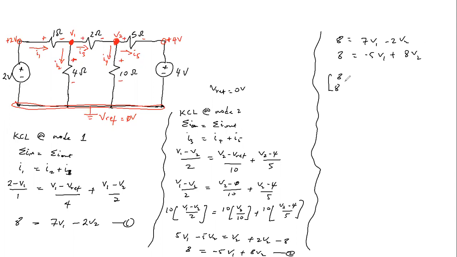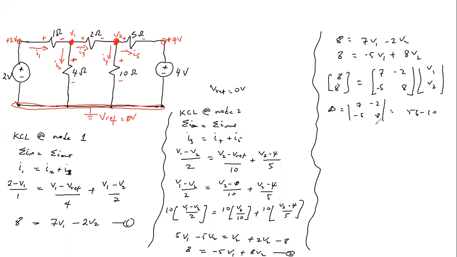We can write it in matrix form and resolve it using Cramer's rule. The determinant delta is 7 times 8, which is 56, minus 2 times minus 5, that's minus 10. So this gives us 46.